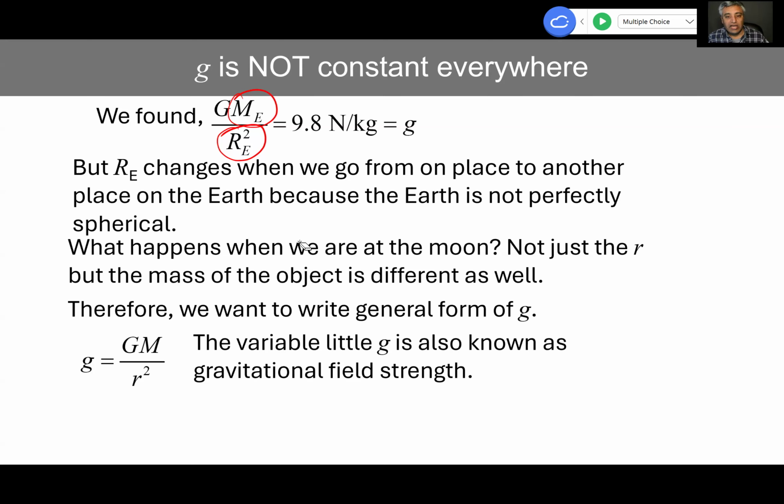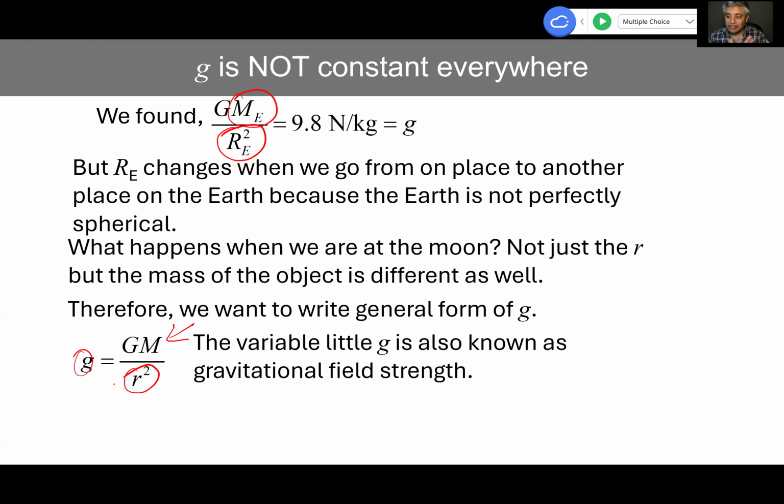And if you are standing on the surface of the Sun and want to find the value of g, then you need to use the mass of the Sun and the radius of the Sun. So g can go from 0 to a very large value. Keep that in mind, lowercase g.